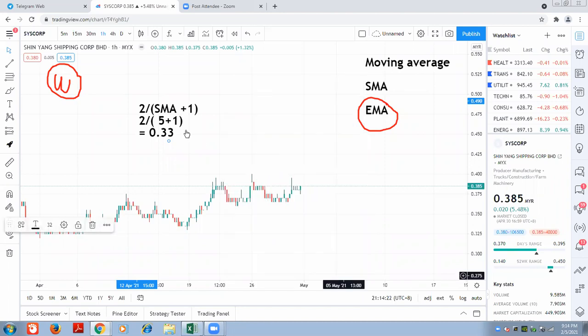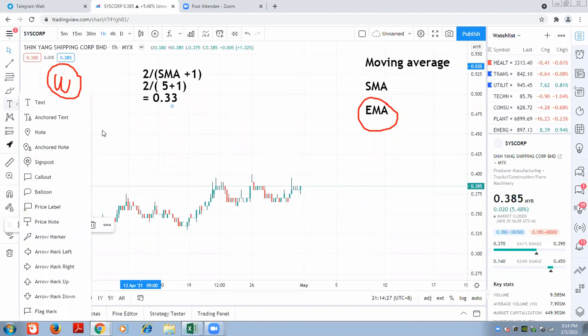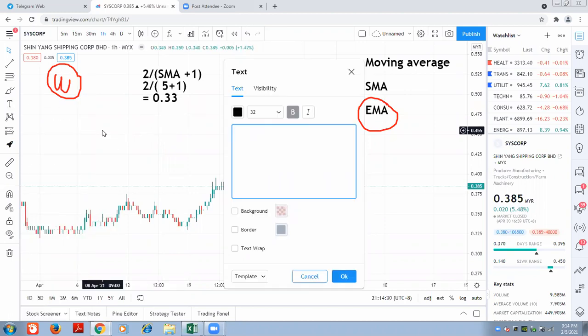So now we go to the EMA formula. The current EMA equals the current price, let's say 0.9, multiplied by 0.33.